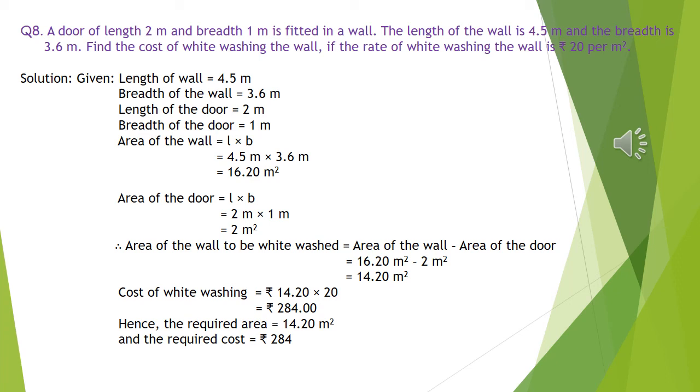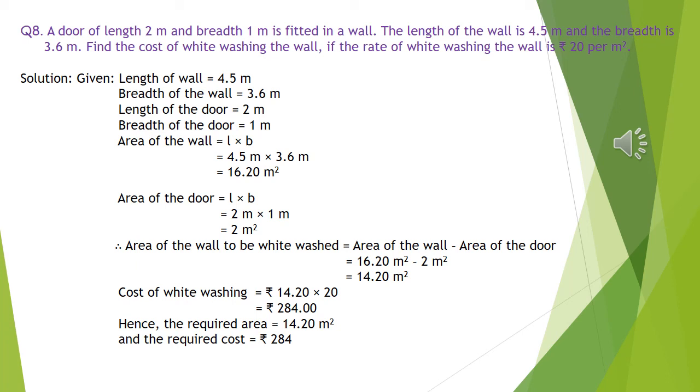Length of the wall is 4.5 meter, breadth is 3.6 meter. So we are finding the area of the wall by the formula L into B, that means 4.5 meter into 3.6 meter. If we calculate, we are getting 16.2 meter square.